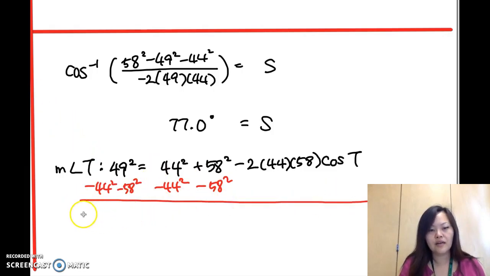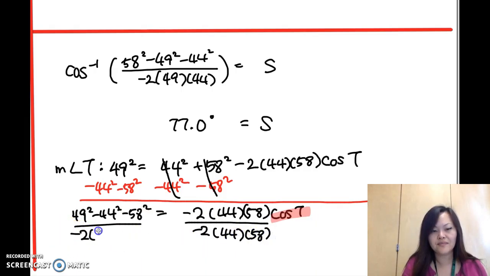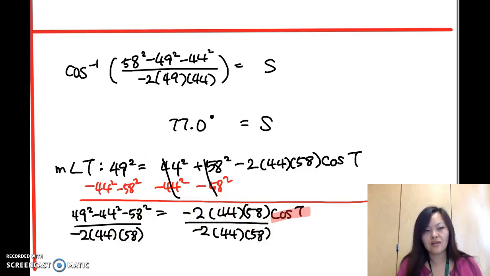And that's going to give us this, and then this is gone. And what we want is cosine t. So we're going to divide both sides by all of that. And because all of this will now disappear, that gives us that.